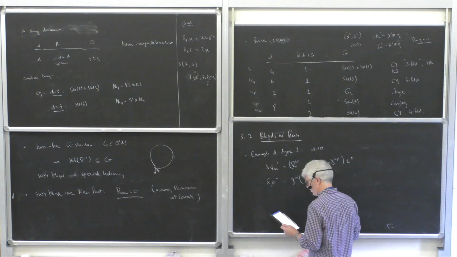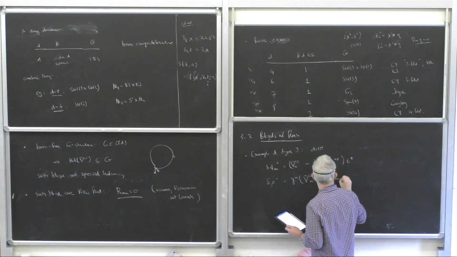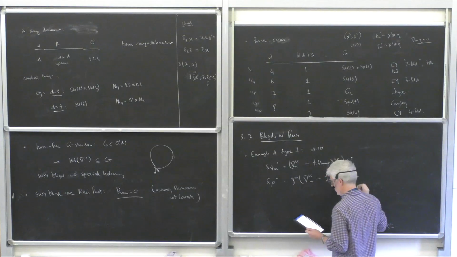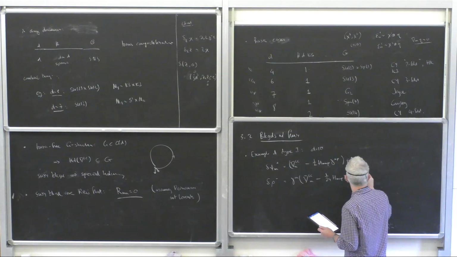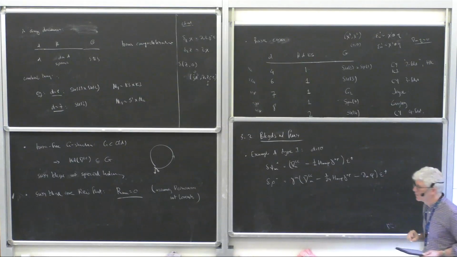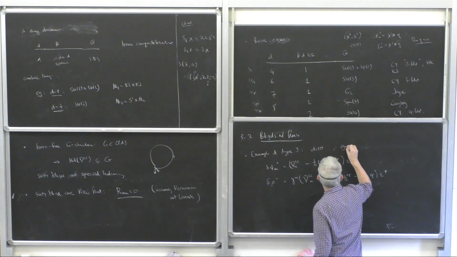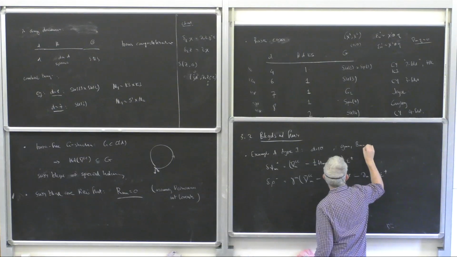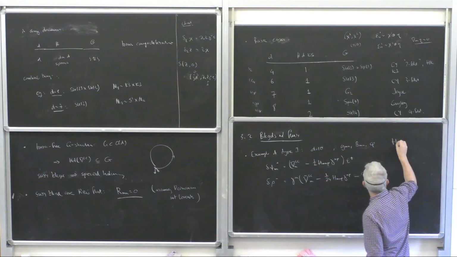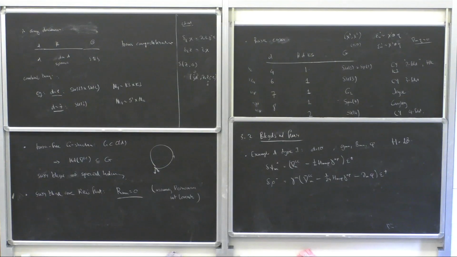And this depends on the flux, and it also gets a term that depends on the dilaton. So here we have the fields g_MN, B_MN, and phi, and my H is dB. That's the three-form field strength for B.